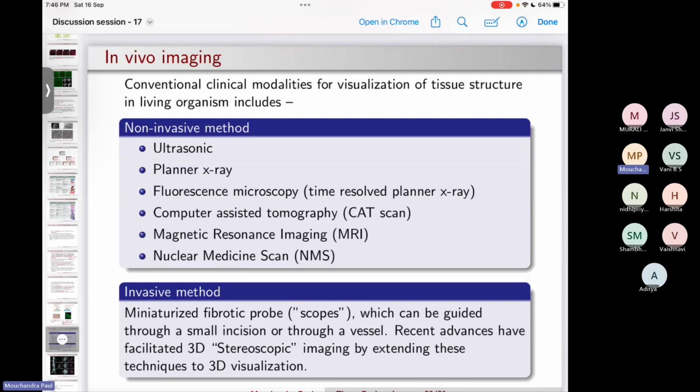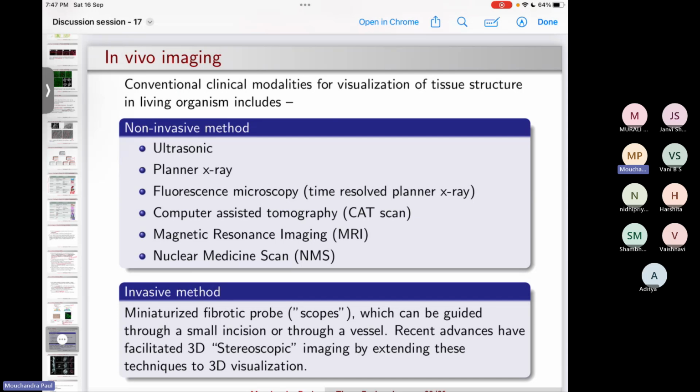But if you want to understand how the cells or tissues are organized or how they are functioning, then you have to opt for in vivo techniques. A simple technique to see what is going on inside the body is through imaging. There are two types of imaging methods. One is the non-invasive one, another is the invasive one.